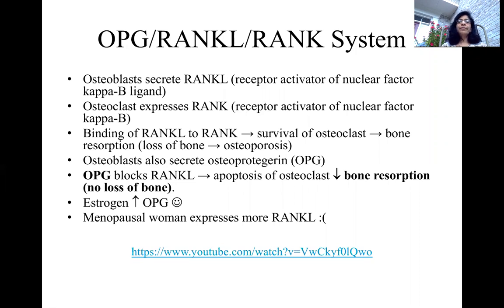RANK ligand binds to RANK receptor and activates it to do bone remodeling. Osteoclasts are the ones that express RANK, and therefore when RANK ligand is present and binds to RANK receptor, osteoclasts are able to survive, are activated, and they become mature cells.